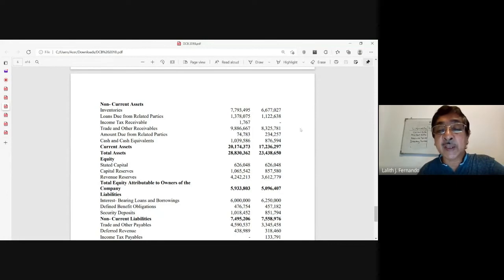Now you get the current assets as 20,174,373.